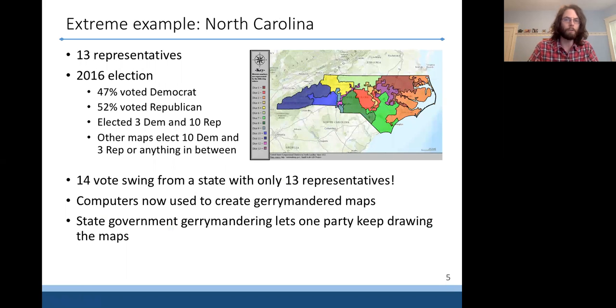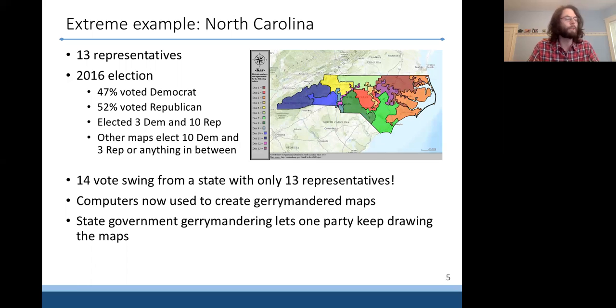Another one, North Carolina, which was grouped together with Maryland in a recent Supreme Court case. So I think this just really illustrates the extreme situation with gerrymandering. So North Carolina has 13 representatives. And if you look at the 2016 election and percentages of votes just based on some statewide election like Senate or president, you can see that it's roughly 50-50, slightly leaning Republican.